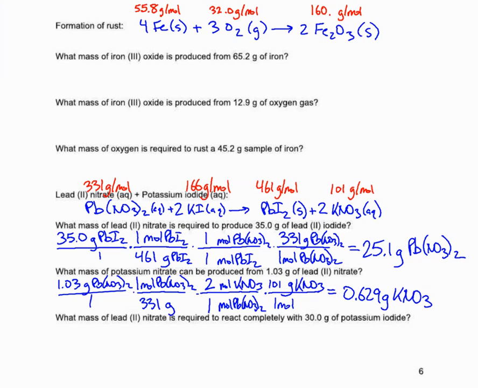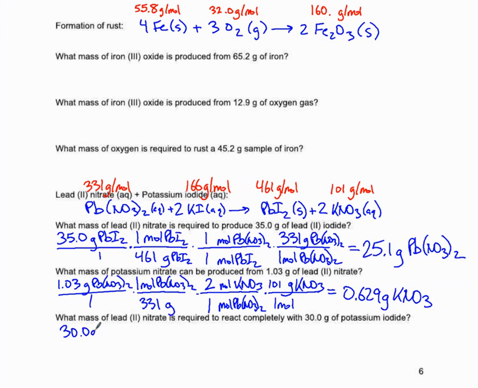What mass of lead-2 nitrate is required to react completely with 30.0 grams of potassium iodide? We have two reactants here. We want to make sure that we allow this to react completely. We don't want to have leftovers of potassium iodide, and we don't want to have leftovers of the lead nitrate.